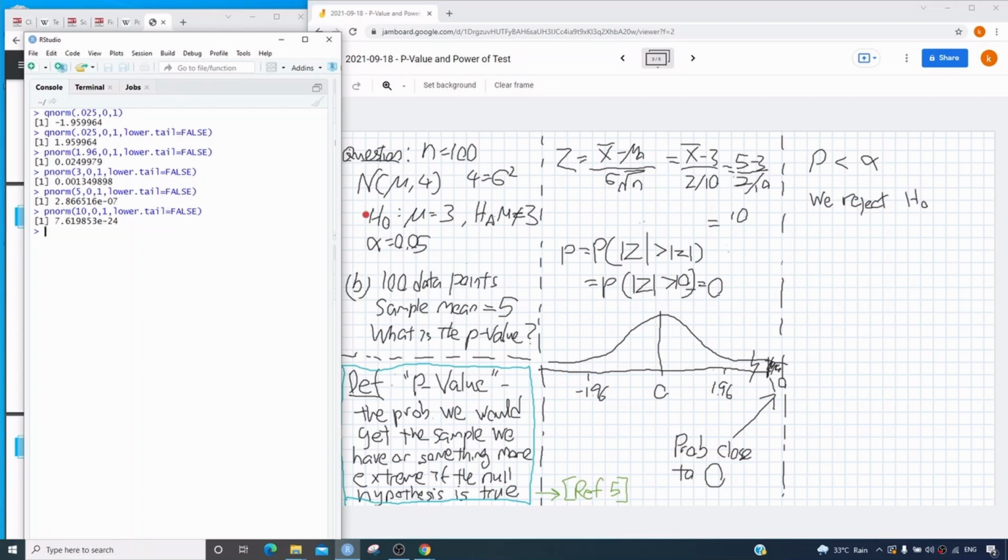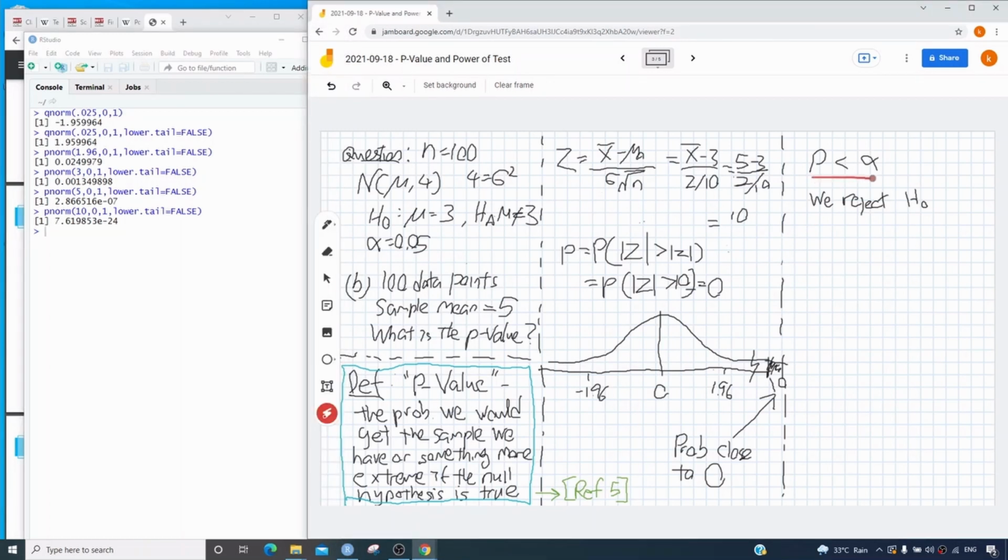So it's a very small value, which is close to 0. As a result, I wrote here the probability is close to 0, and therefore the probability is way smaller than the alpha of 0.05, and we will reject the H0.